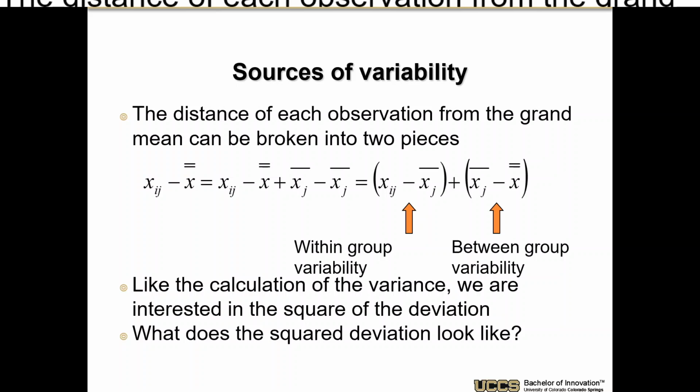But now I can group them together differently, and I can see that the first one of these terms, where I have one of the group means and the sample value, we call that the group variability. That's within my group. How far am I from my own mean? Plus, how far is my mean from the grand mean? So I can break the difference between me and the grand mean up into really two computations. The difference between me and my mean, and the difference between my mean and the grand mean.